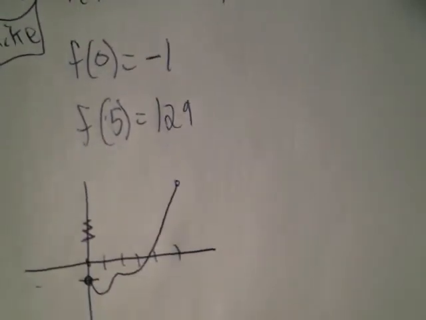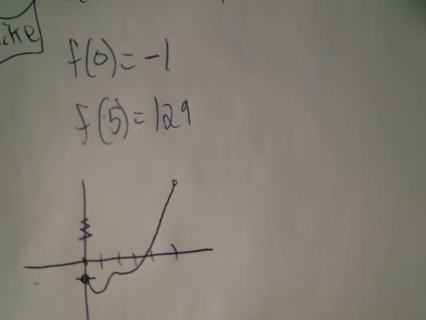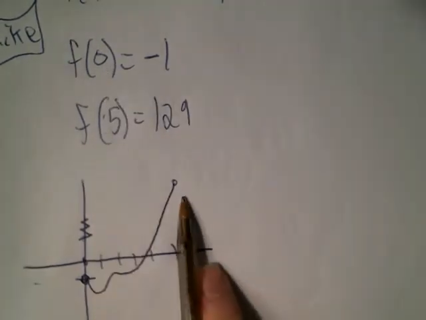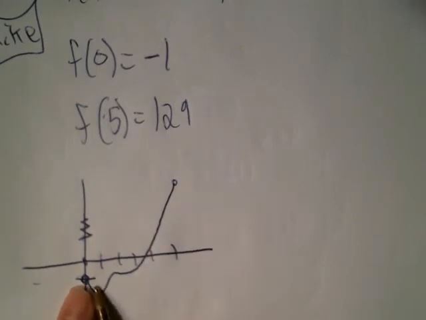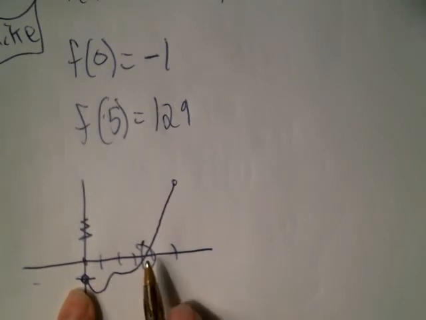Sorry, you couldn't see all that good stuff. So if at 0, it's below the x-axis, and at 5, it's above the x-axis, there must be some c value in between 0 and 5 where it crossed through the x-axis. We must have a place where f of something equals 0.